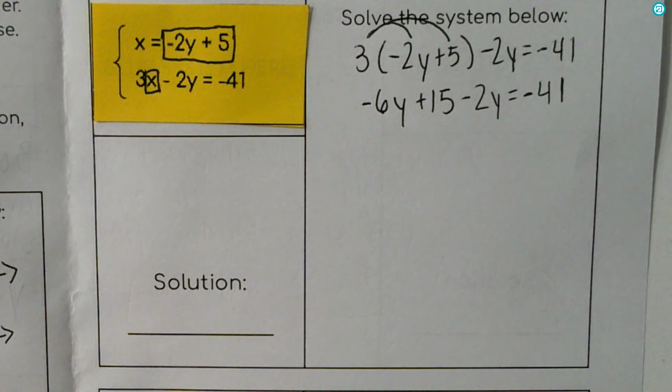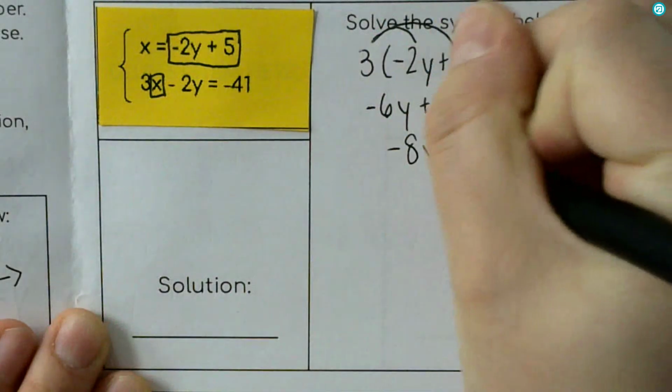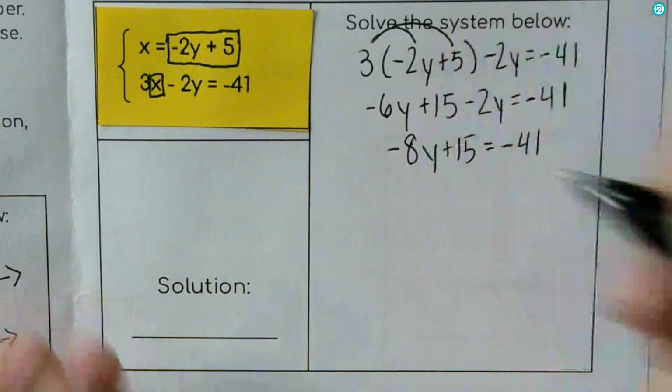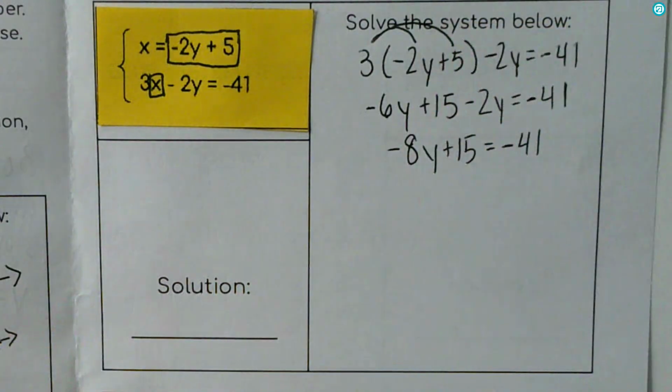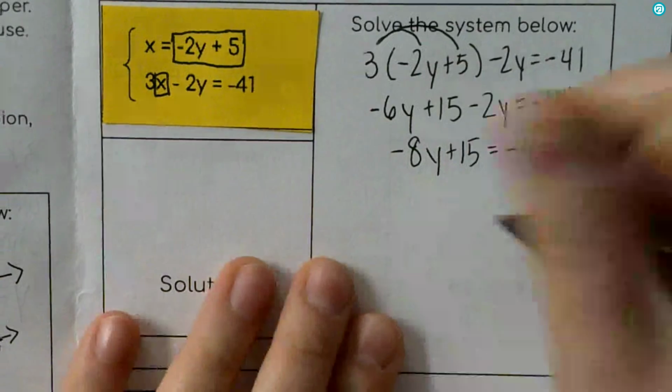Okay. From there, we can combine like terms. So I can combine that negative 6y and that negative 2y together to be negative 8y plus 15 equals negative 41. And then I can solve for y. So I'm going to subtract 15 from both sides.